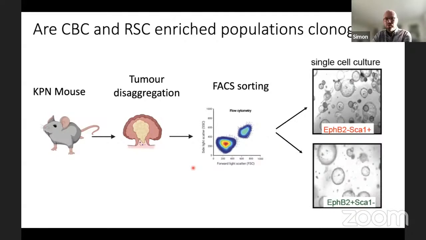We disaggregated the tumors, we FACS sorted them for either Ephrin B2 as a surrogate marker of LGR5. LGR5 has no FACS antibody, unfortunately, so we used Ephrin B2 as a surrogate marker, and we used SCAR1 or Ly6G as a marker of the regenerative stem cell population. And we were able to FACS sort to enrich for either crypt-based columnar down here or regenerative stem cells up here.